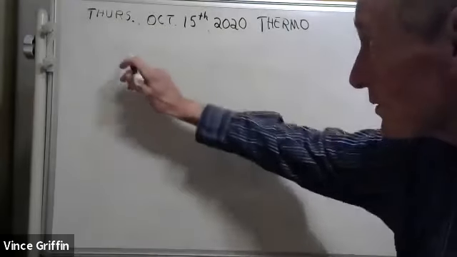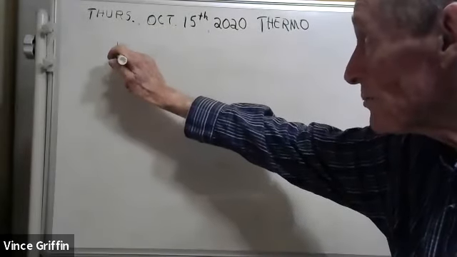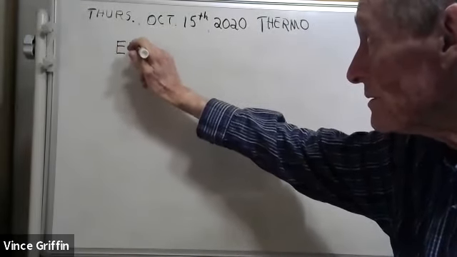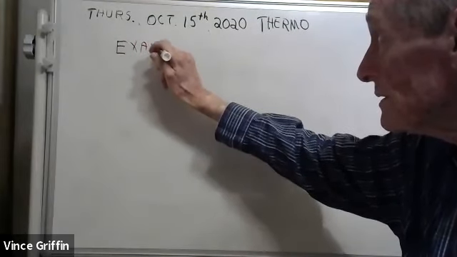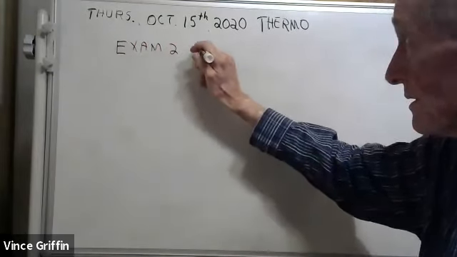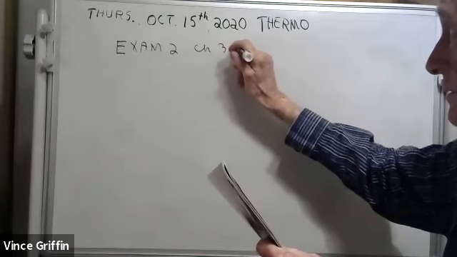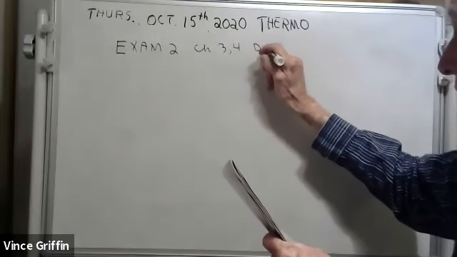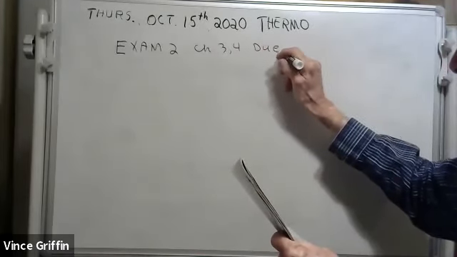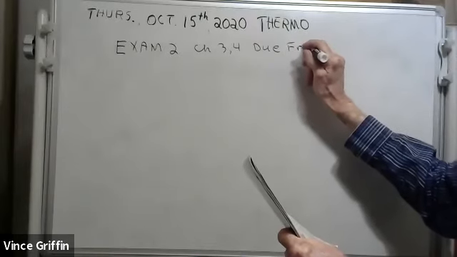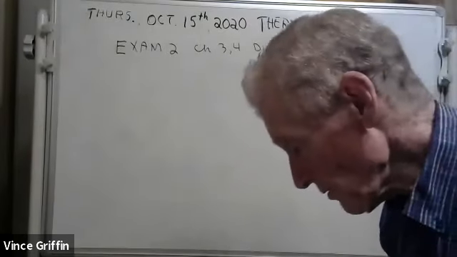Were you able to pull it up okay? Somebody say, uh-huh. Yeah, you're able to pull it up okay. It's chapters 3 and 4, and it's due tomorrow night, which is Friday.